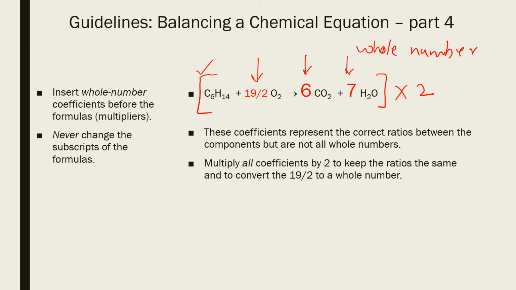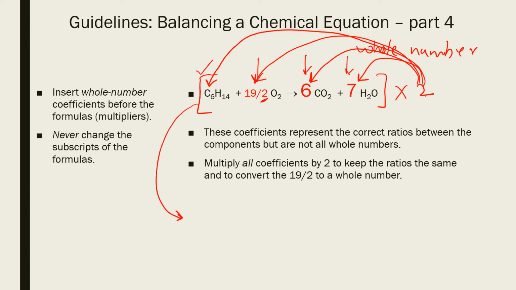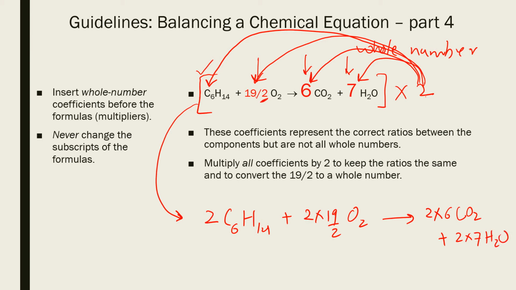So what does that mean? That means this 2 will be multiplied to this coefficient, this coefficient, this coefficient, and this coefficient. Why do we multiply by 2? Because we want to get rid of this 2 in 19 by 2. When we multiply, the 2 and 2 will cancel. So this equation will become 2C6H14 plus 2 times 19 by 2 O2, 2 times 6 CO2 plus 2 times 7 H2O.